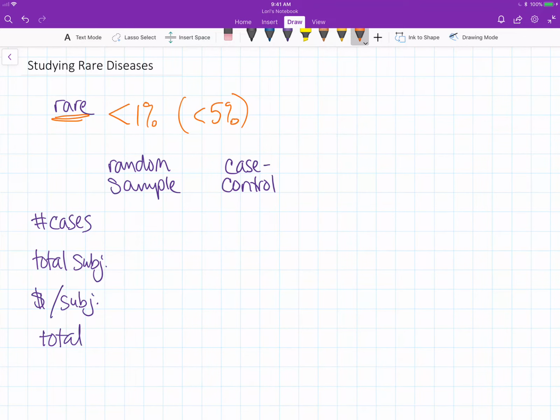Some examples of diseases that are not rare, specifically in the United States, would be certain cancers like lung, colorectal, breast cancer. Cardiovascular disease is pretty common. Diabetes is pretty common. So we would not be using these techniques for studying those diseases that are not rare. So we really want to make sure before we embark on the techniques I'll be talking about that we have a rare disease.